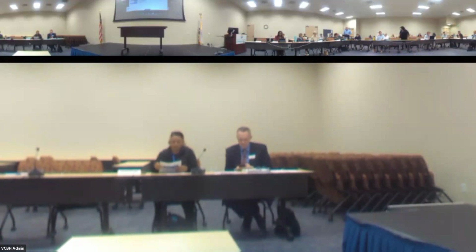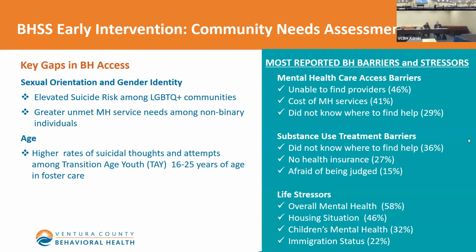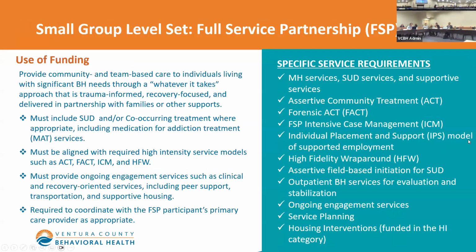This is the full service partnership, or FSP. So full service partnership programs have existed at the county level for a very long time. This is what the county knows a lot about and has a lot of infrastructure about.